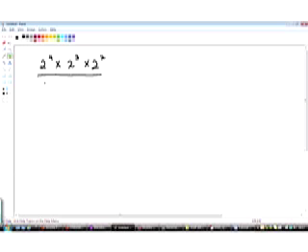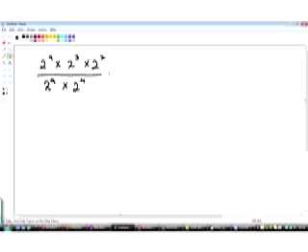over 2 to the 9th power multiplied by 2 to the 4th power.